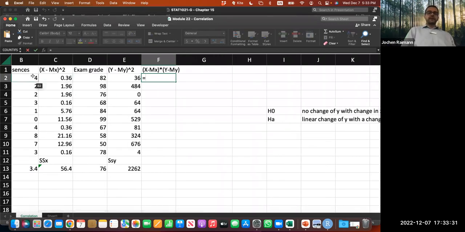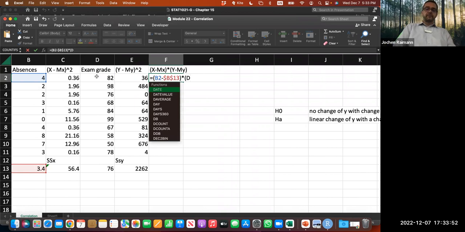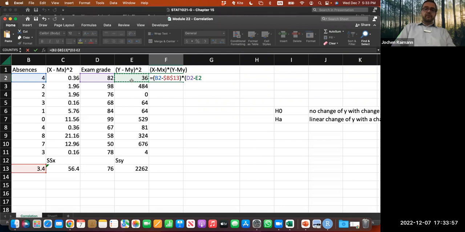So this is now X minus MX, locked in, multiplied by Y minus MY.